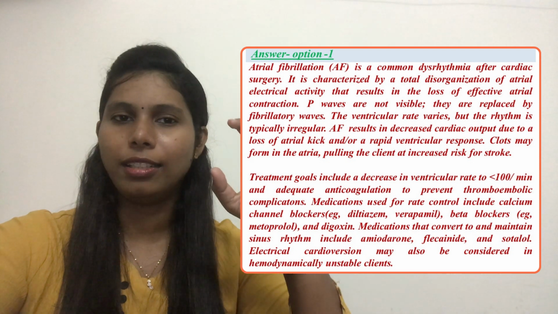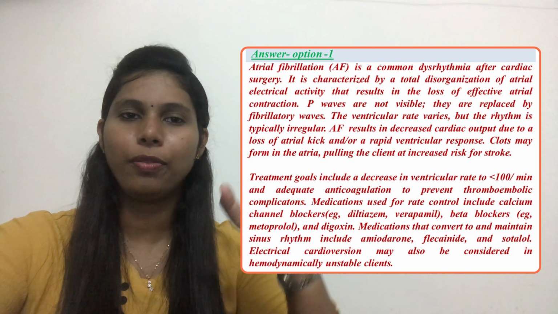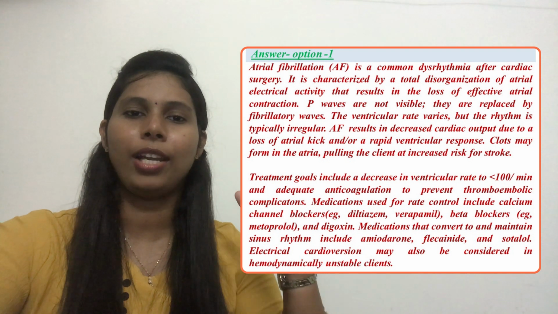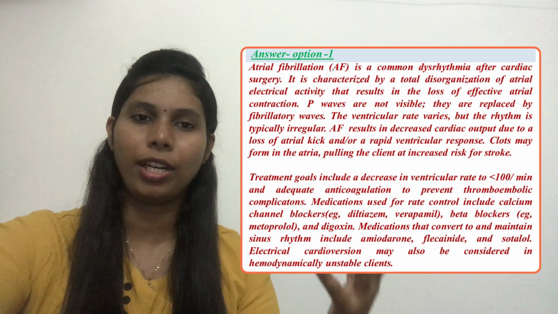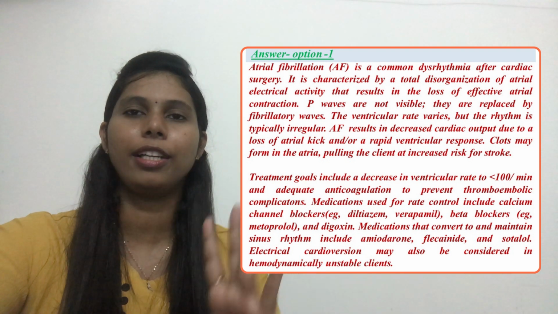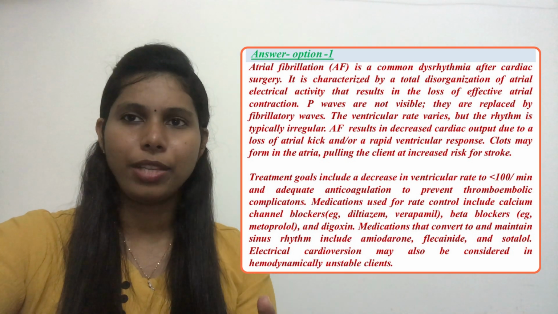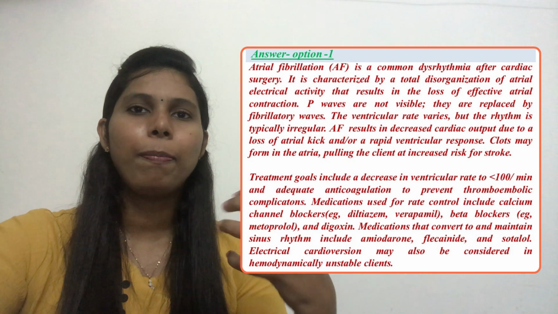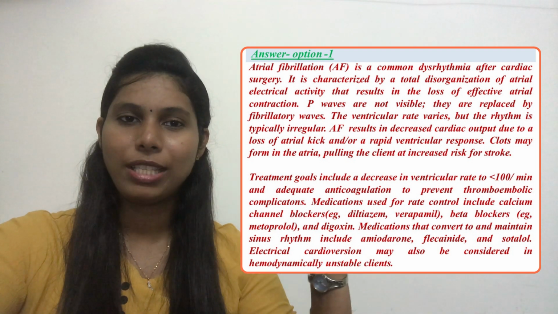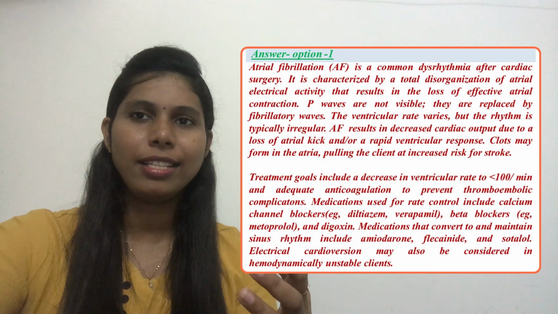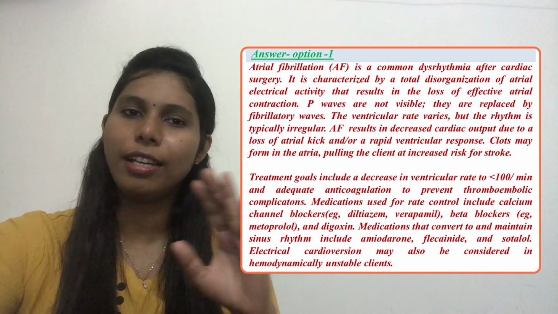When you are studying the initial segment of ECG, you know about atrial depolarization, repolarization, and ventricular depolarization, everything. So here the P waves are not visible. They are replaced by fibrillatory waves. The ventricular rate varies, but the rhythm is typically irregular.